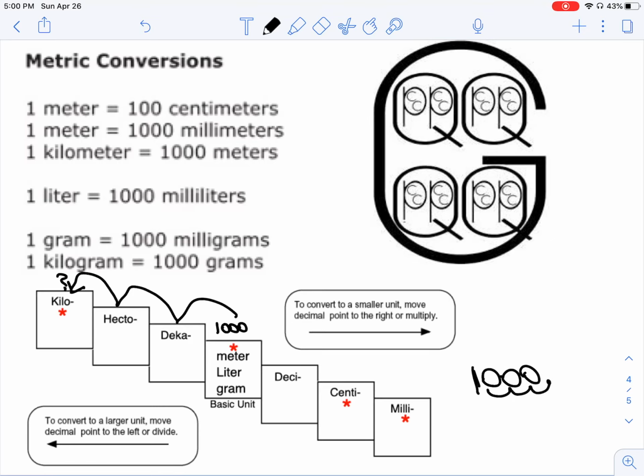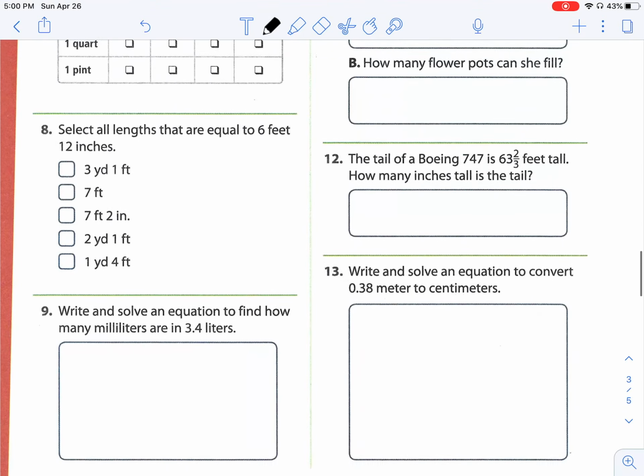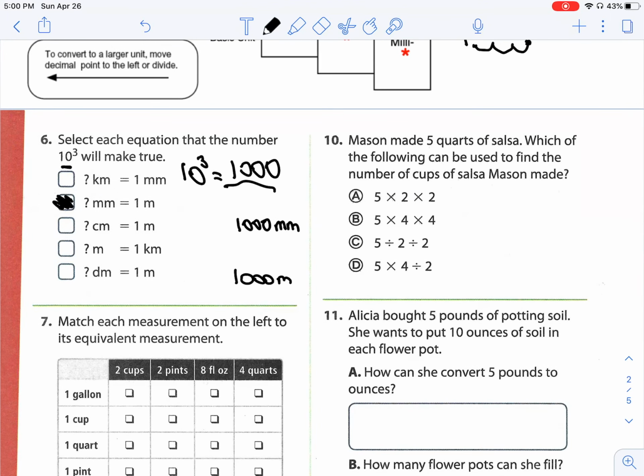So 1 kilometer equals 1,000 meters. I think that's exactly what it said. Remember, we're still using 10 to the third here: 1,000 meters equals 1 kilometer.